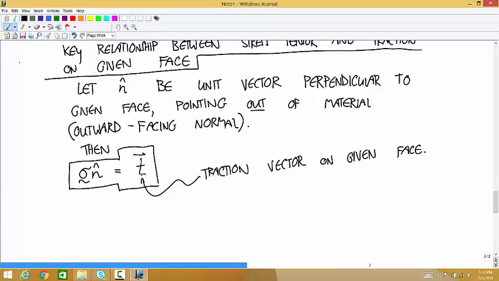And remember, these traction values have units of force per area. So this is like a distributed load. Given as a force per area.